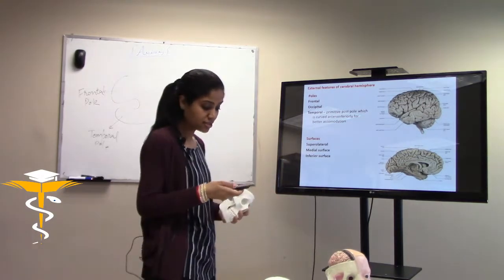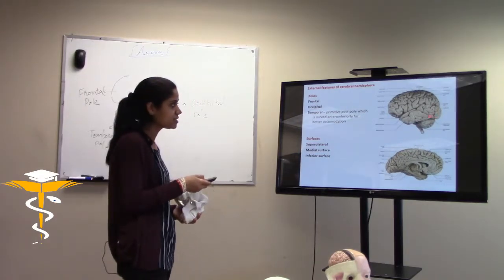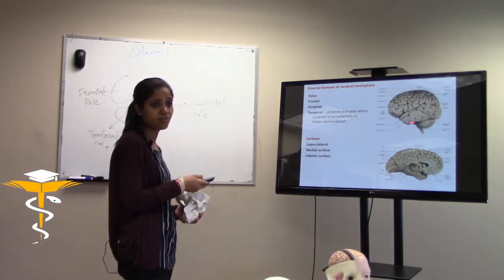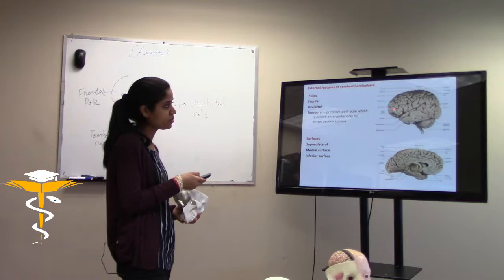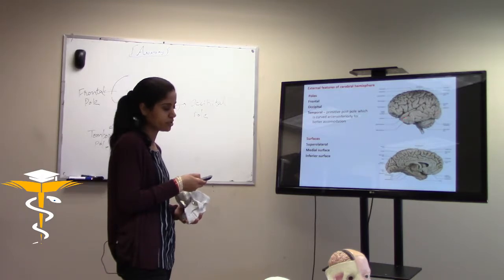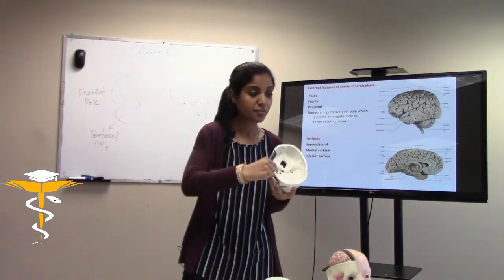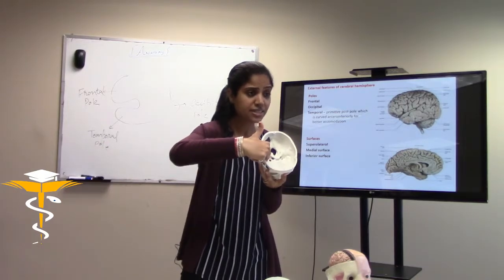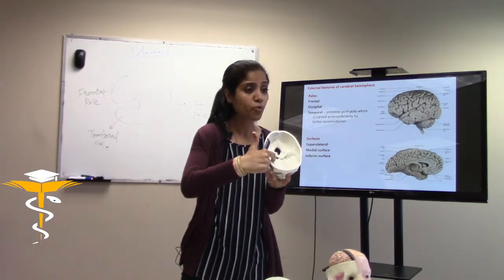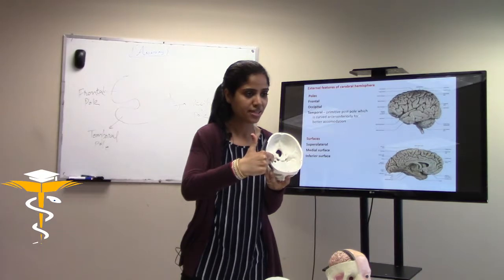And there is the third pole, we call it the temporal pole, which is lying just below and behind the frontal pole, and this pole is lying in relation to the temporal bone. You know, this is the temporal bone of the skull, and this is the middle cranial fossa, and this is the position of the temporal pole of cerebrum in the cranial cavity.